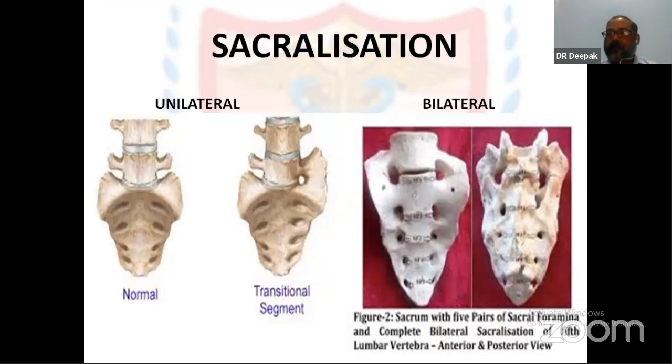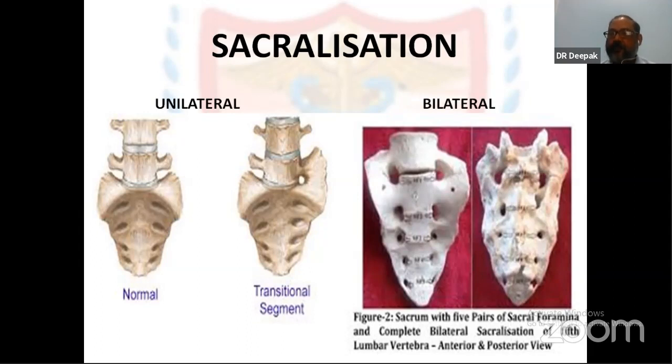Before SI joint dysfunction or any problem in the SI joint, we consider one term, that is sacralization. You may have heard of it. Sacralization means the sacrum bone is made up of 5 sacral vertebrae fused together, and the fifth lumbar vertebra is mobile on the base of the sacrum, but in sacralization the fifth lumbar vertebra is fused with the sacrum.